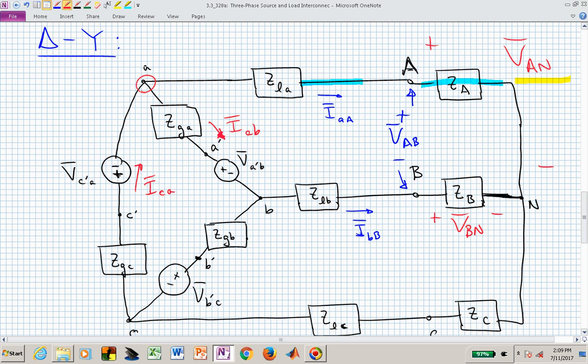And those two combine to create I sub AA in this particular configuration.